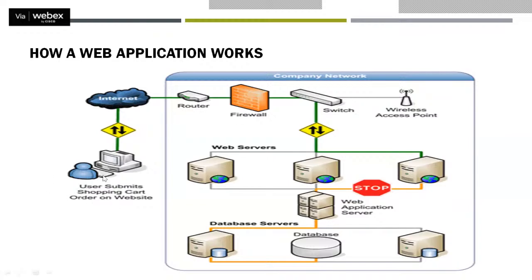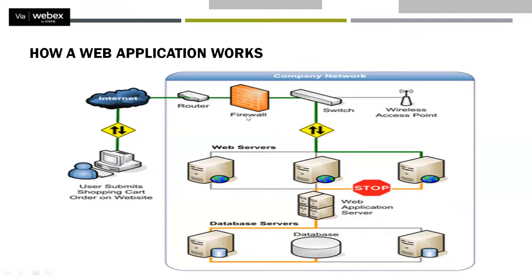If you see this diagram, the user basically submits a shopping cart. A shopping cart is nothing but a virtual cart which contains shortlisted items of the user's interest, and those items will be submitted through a router.